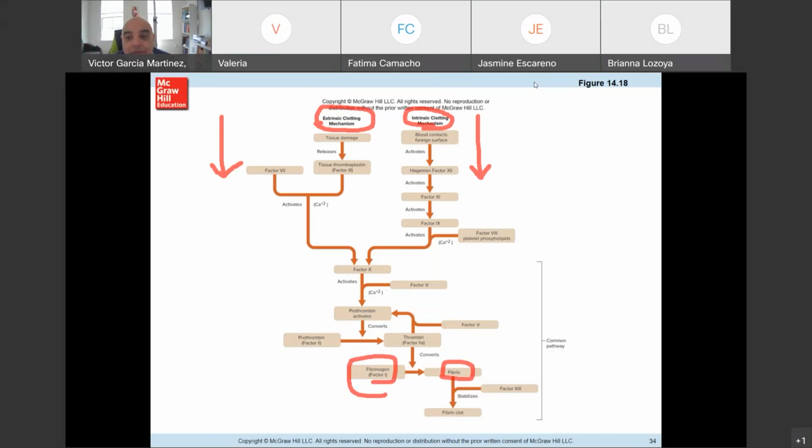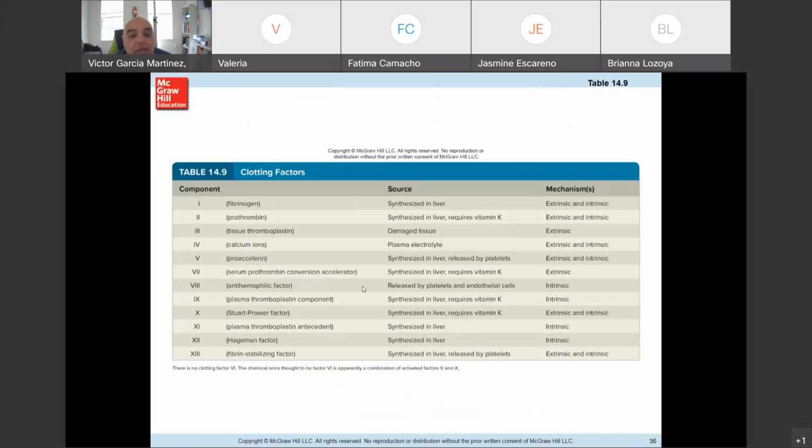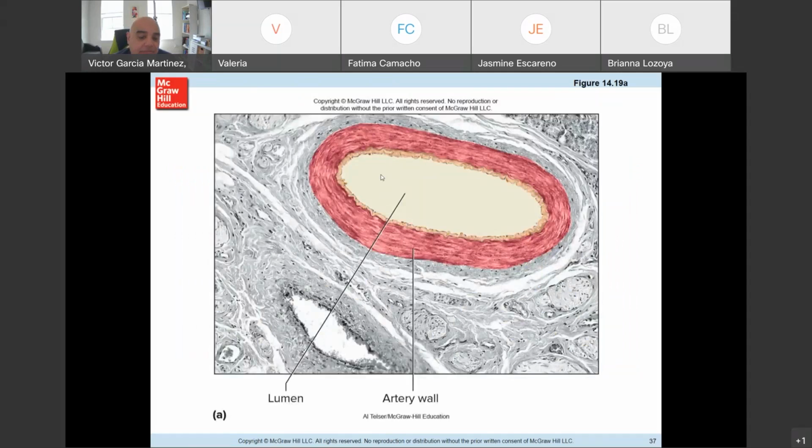These 12 factors are called clotting factors. All of these factors are important in order to reach that net, that clot. I don't need you to know the names, but I need you to know we have an intrinsic pathway and an extrinsic pathway. Again, internal damage and external damage. And finally, the most important step is going to be fibrinogen becoming fibrin. That is the most important knowledge you need here.